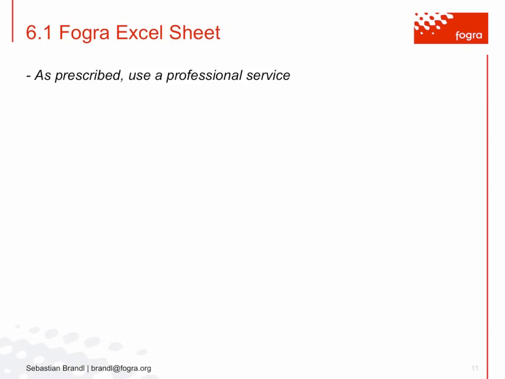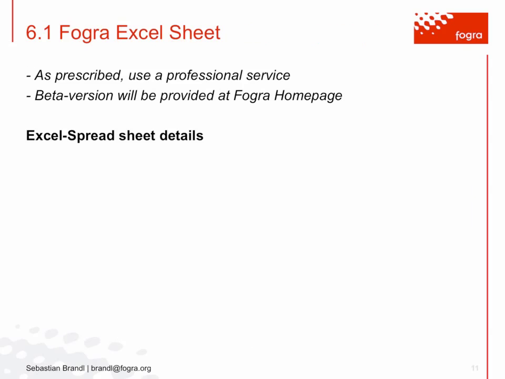Okay, this was already explained. This is a helpful tool for you if you don't use yet a professional service, and the beta version of the Excel files will be provided at the Fogra homepage. The details will be summarized here. It provides for frequent measurements.